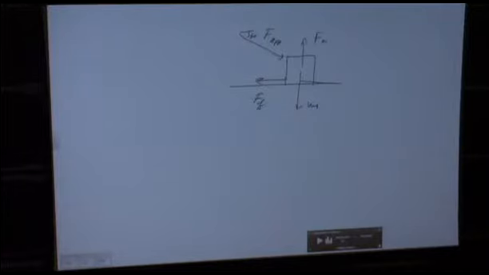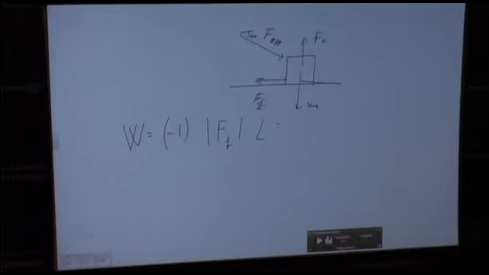Work done by friction, because it's a constant force, can be calculated again as, well, we know it's supposed to be equal to the -1 because of cosine of 180 times the magnitude of the force of friction times the distance traveled.